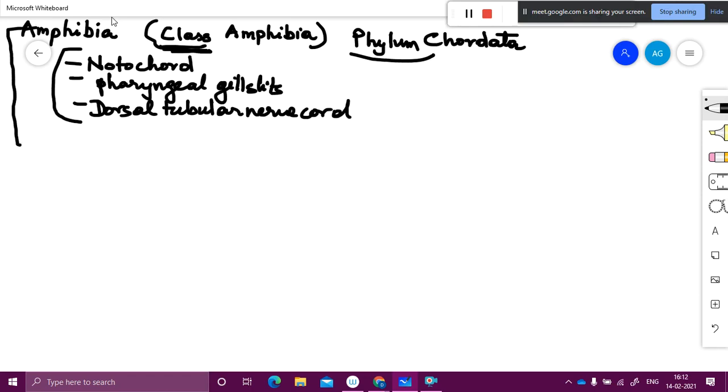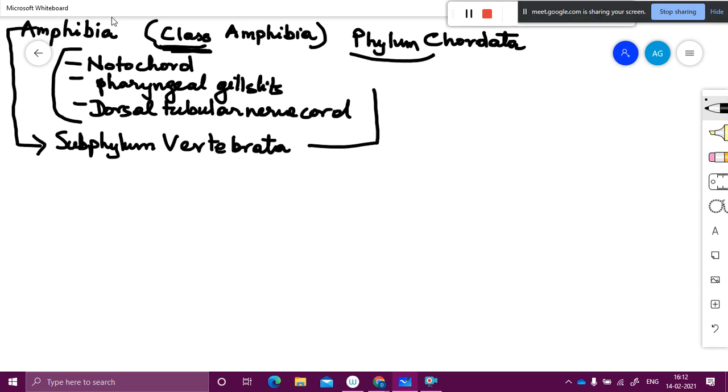Despite being in the phylum Chordata, they also belong to the subphylum Vertebrata. That means they have a vertebral column. रीढ़ की हड्डी, मेरुदंड.